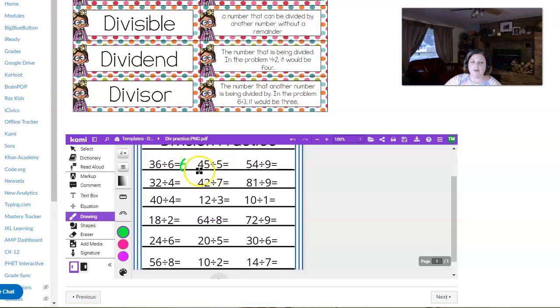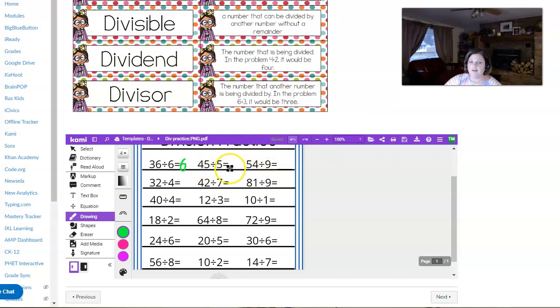Let's do another one. 45 divided by 5. That's also the same thing as 5 times what number equals 45. So I know how to skip count by 5s.